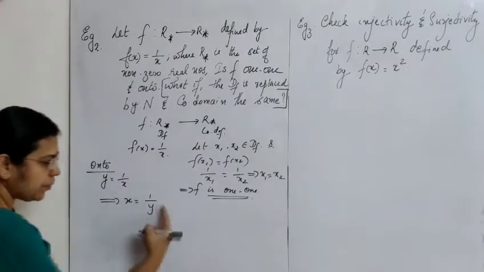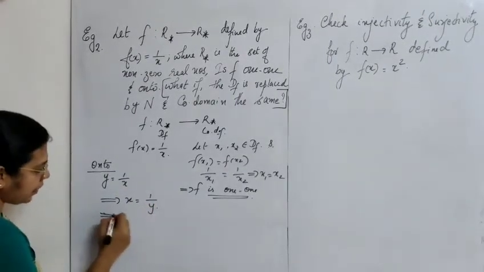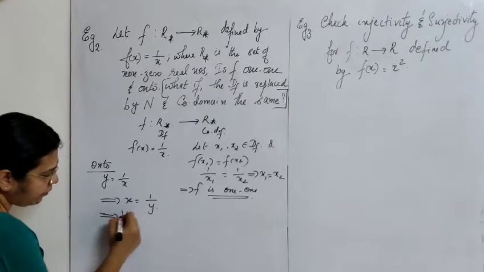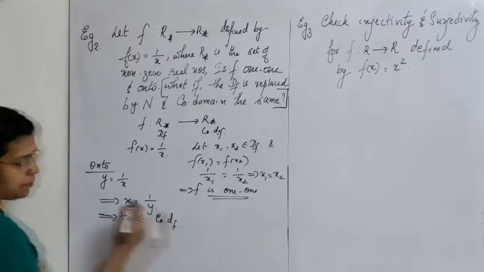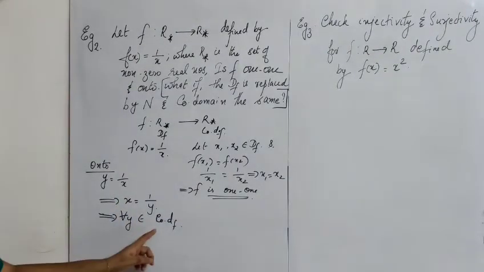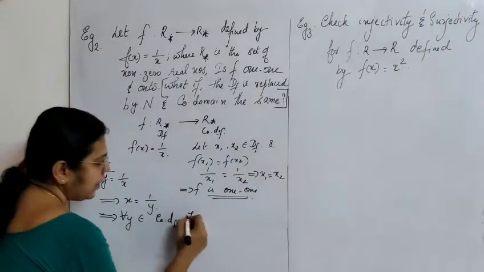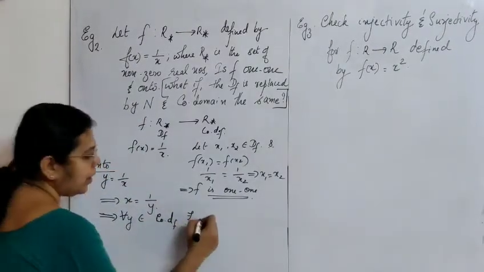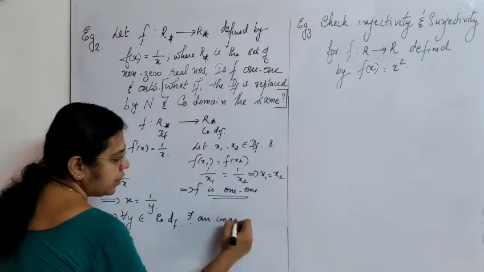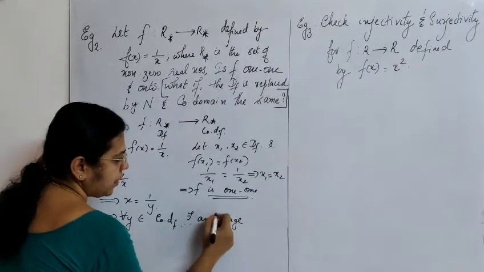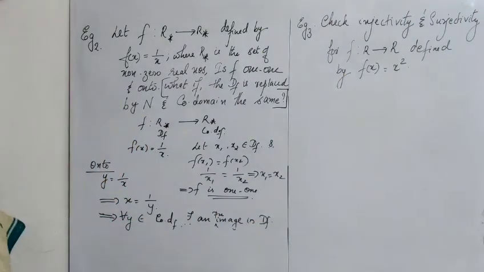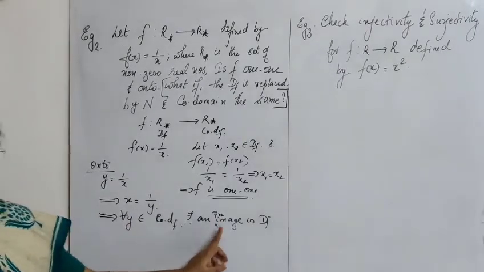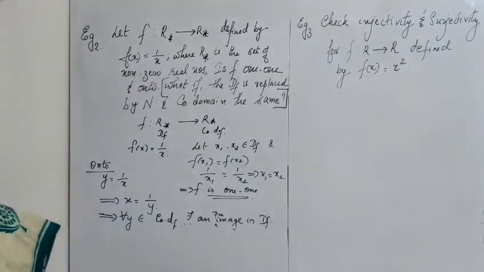What is the meaning of this? This implies for every y that belongs to the codomain of the function, there exists a pre-image in the domain of the function.